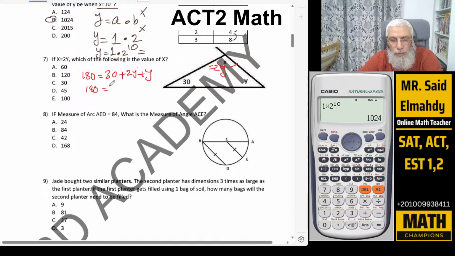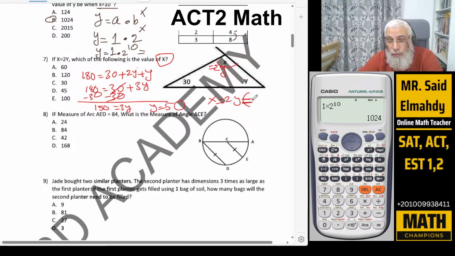So 180 equals 30 plus 3y, because 2y plus 1y is 3y. We can subtract 30 from both sides. So 150 equals 3y, divided by 3, y is equal to 50. What is the value of x? x is equal to 2y, so 2 times 50 is 100. The answer is 100.